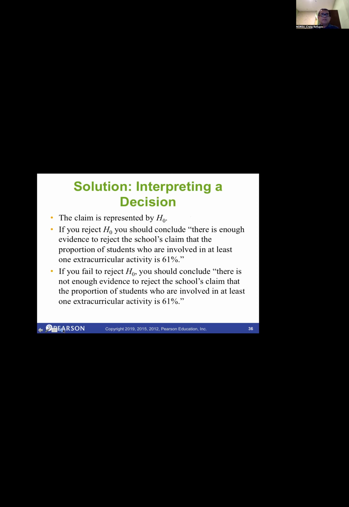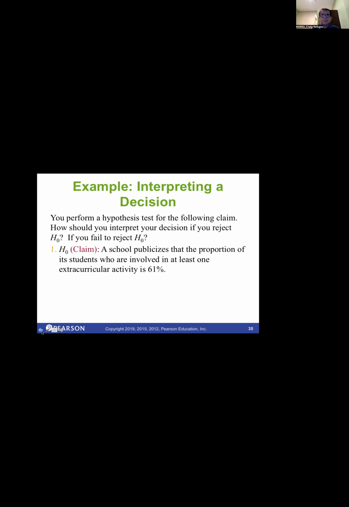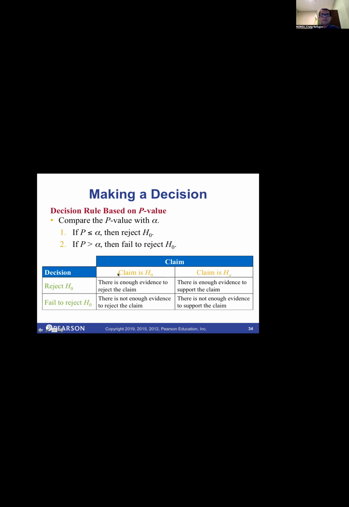Next example is if you fail to reject H0, the same condition, but still the claim is H0. So you have this one. Go back to the template. The claim is still H0, but you fail to reject H0. So our template: there is not enough evidence to reject the claim.